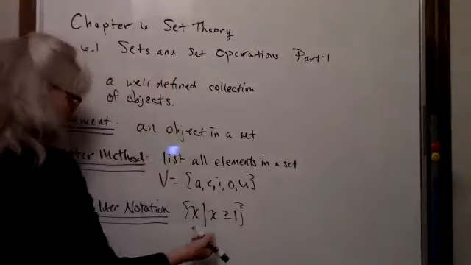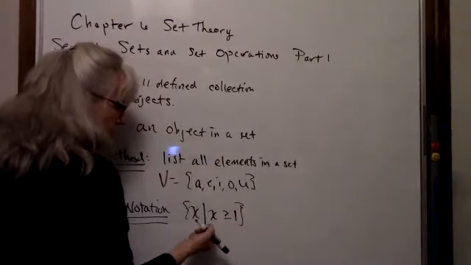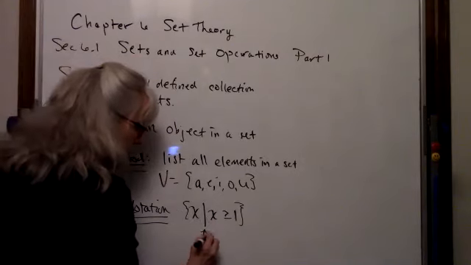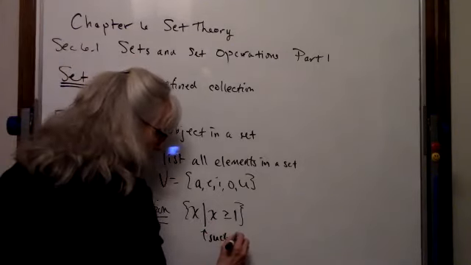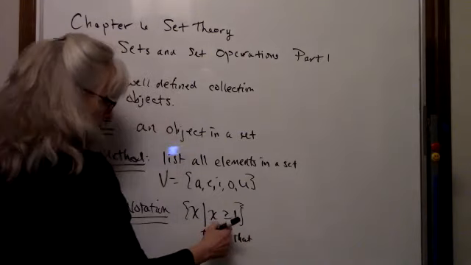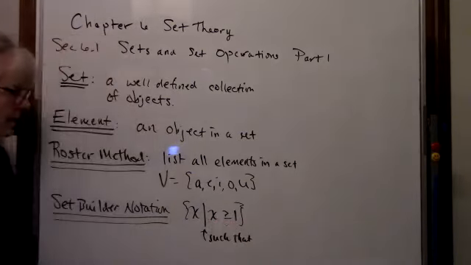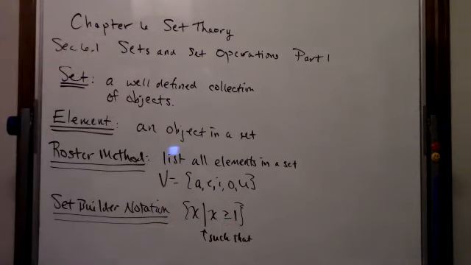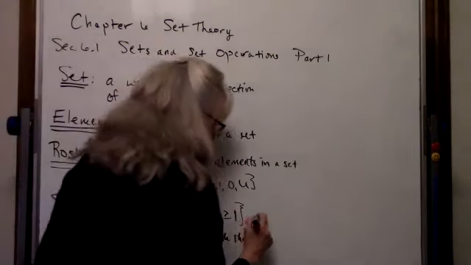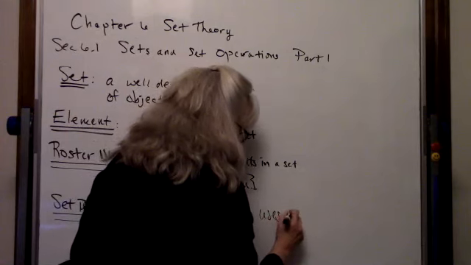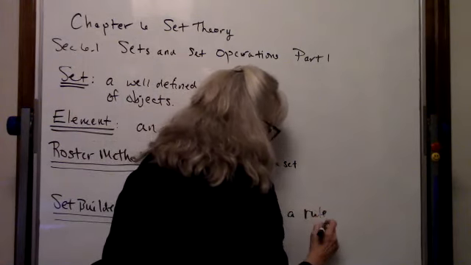You'll notice we're building the set by saying x. This little bar means "such that" x is greater than or equal to 1. So you would build the elements based on this rule in that set. Set builder notation uses a rule to build the set.